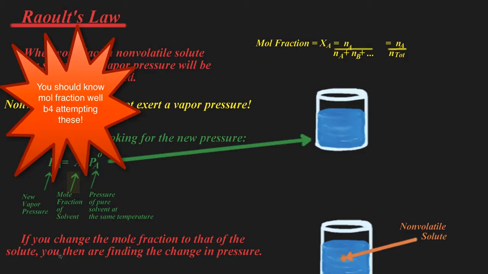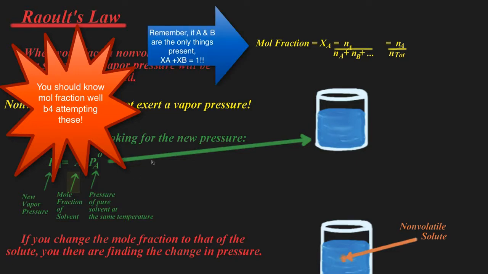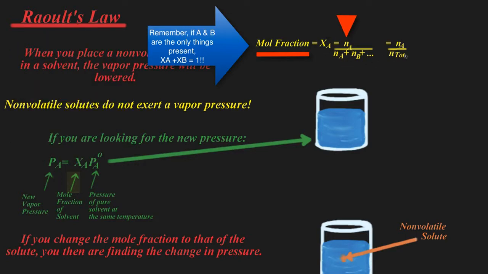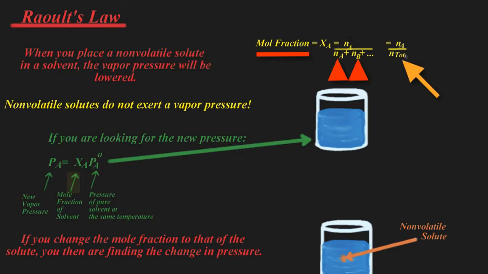Okay? There are two formulas associated with this. Both of them require you to remember what a mole fraction is, just in case you forgot. Mole fraction of A is the number of moles of A over the total number of moles present. So here is the formula for the actual pressure. If we're looking for the new pressure that results, you look at the mole fraction of the solvent times the pressure of the pure solvent at that temperature.